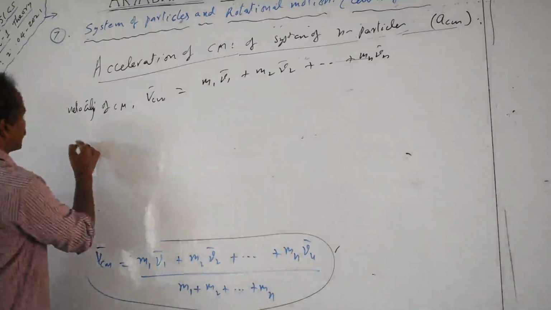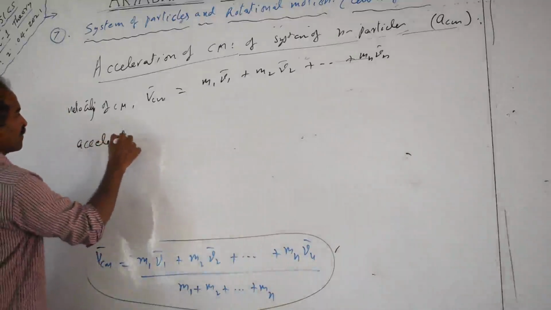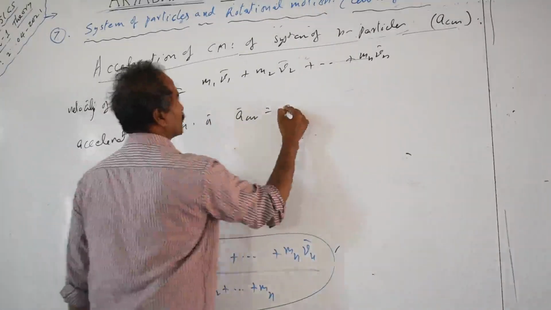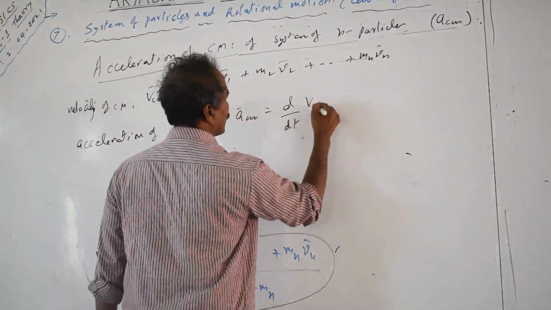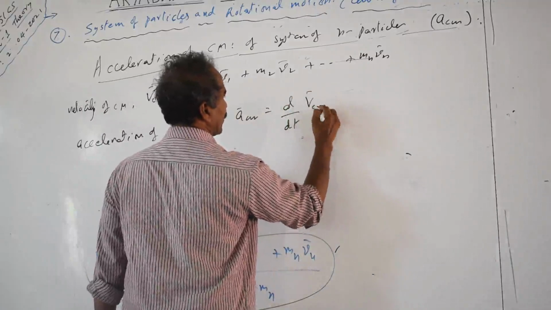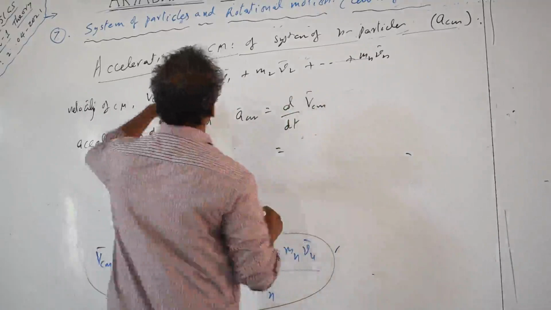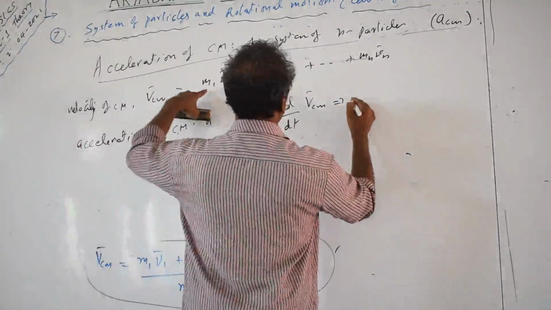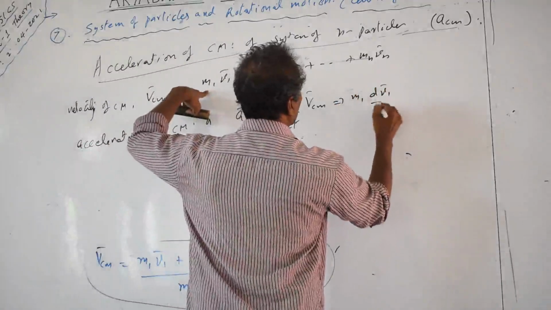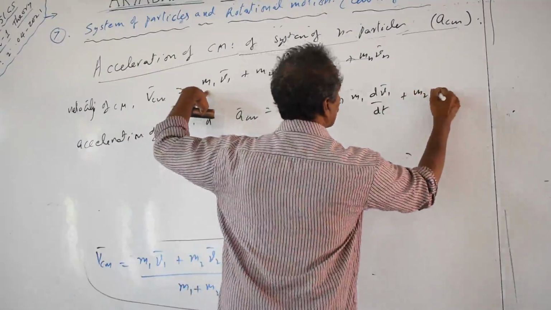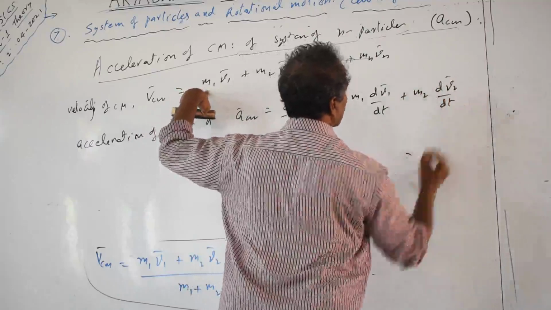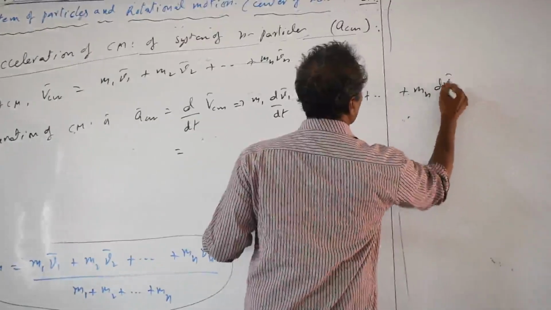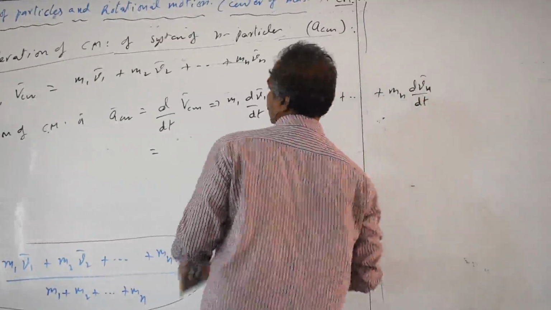But we want acceleration of center of mass, acm equal to d by dt of vcm, which is nothing but the differentiation of this velocity, and that is acceleration. I can write this as m1 into dv1 by dt plus m2 dv2 by dt plus and so on plus mn into dvn by dt.